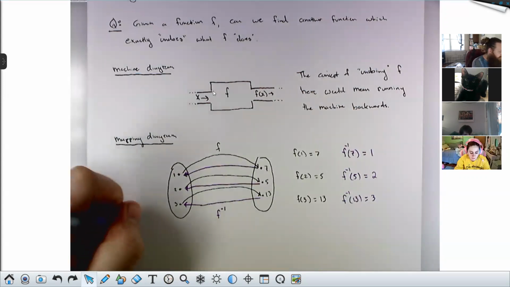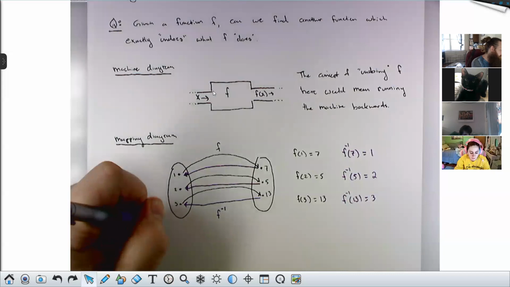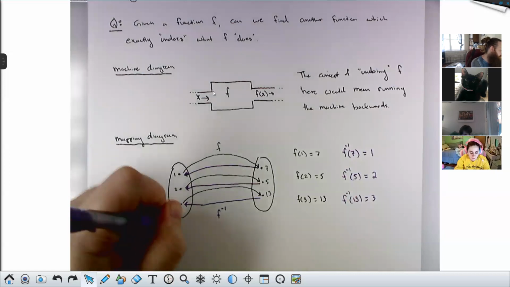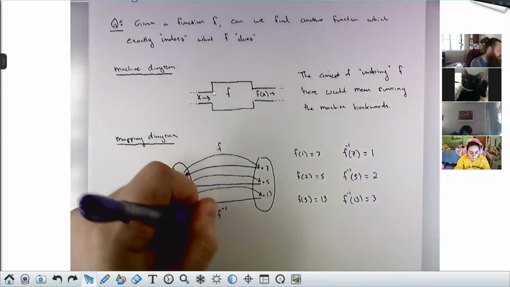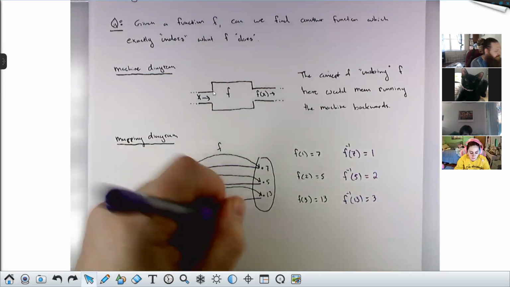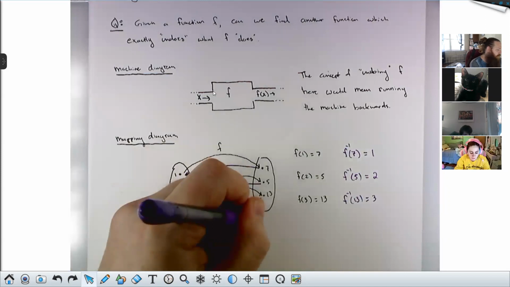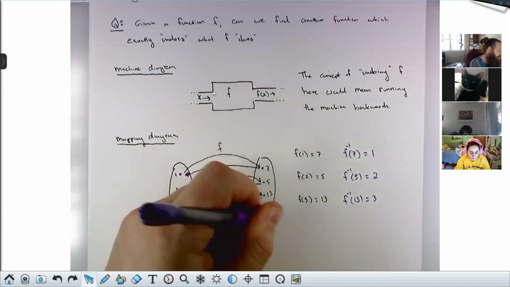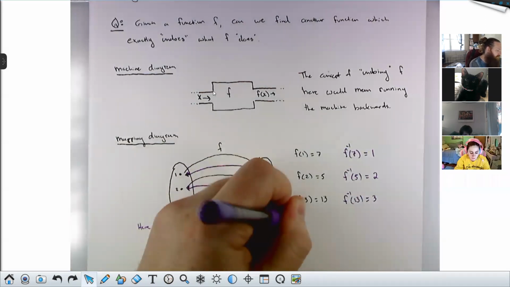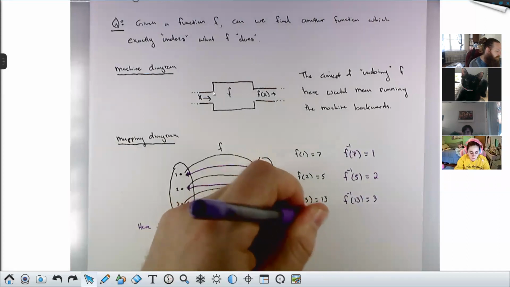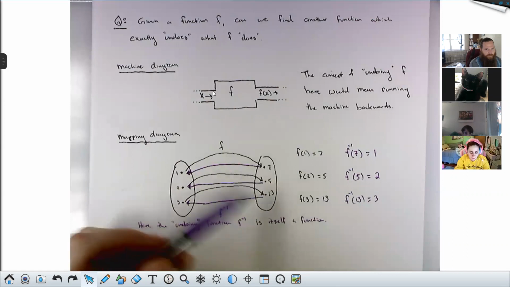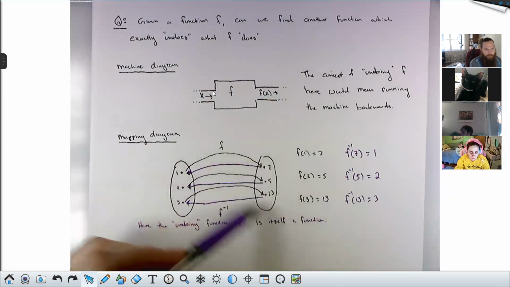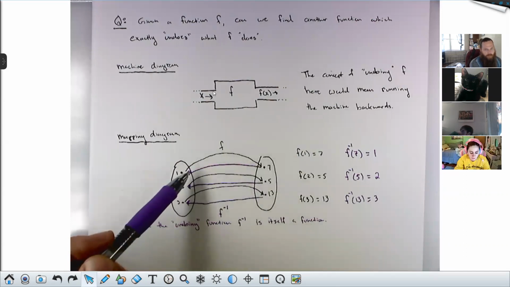So here, the undoing function, which I've called f inverse, is itself a function. Right? It's only got these three inputs. All the outputs for the original become the inputs for the inverse.